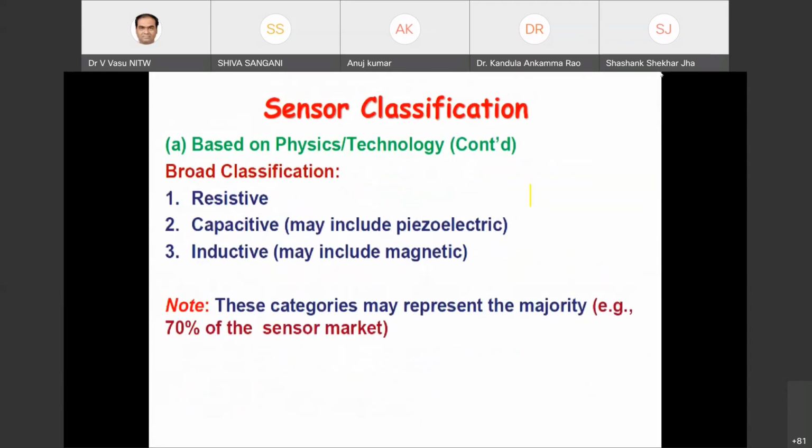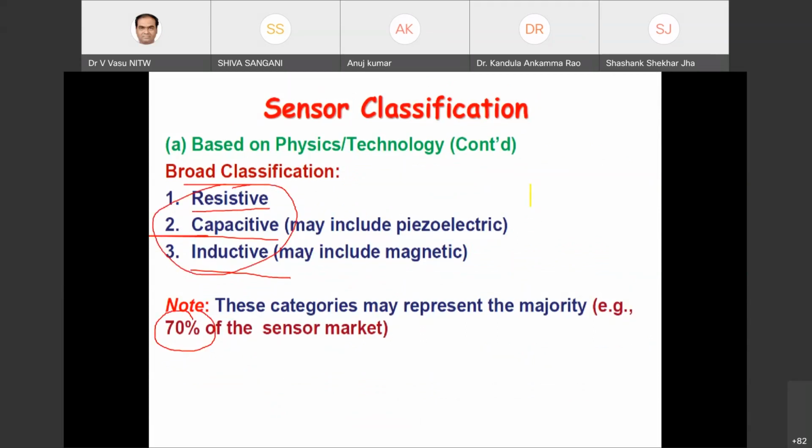So mainly the broad classification depends upon resistivity, capacitivity, and inductivity. Whatever sensors are available in the market, 75% of them are based on these types of physics technologies.